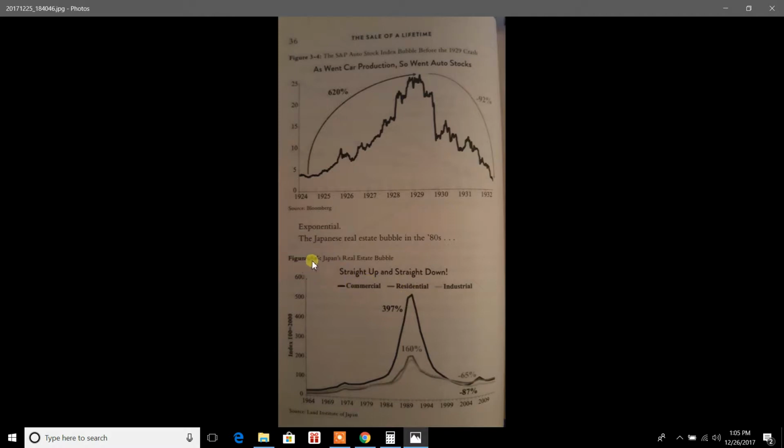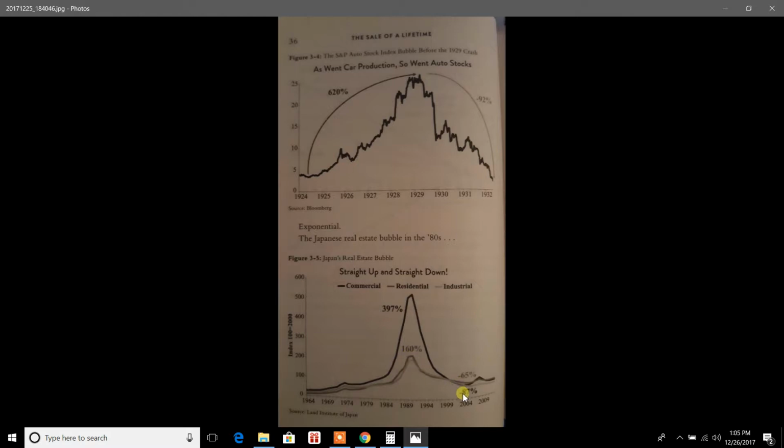Figure 3.5 was Japan's real estate bubble. Okay, and again, he's illustrating here and it just goes straight up, parabolic. 1964 to 1989, it went up 397%. That was on commercial real estate in Japan. And then you had residential and industrial. All those as well went straight up, and then they came down.